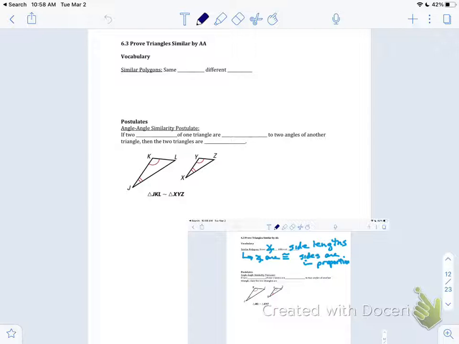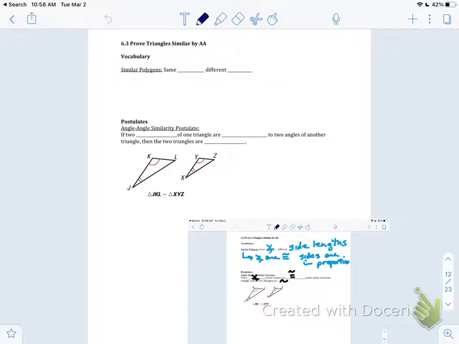So if two angles of one triangle are congruent to two angles of another triangle, then the two triangles are similar.